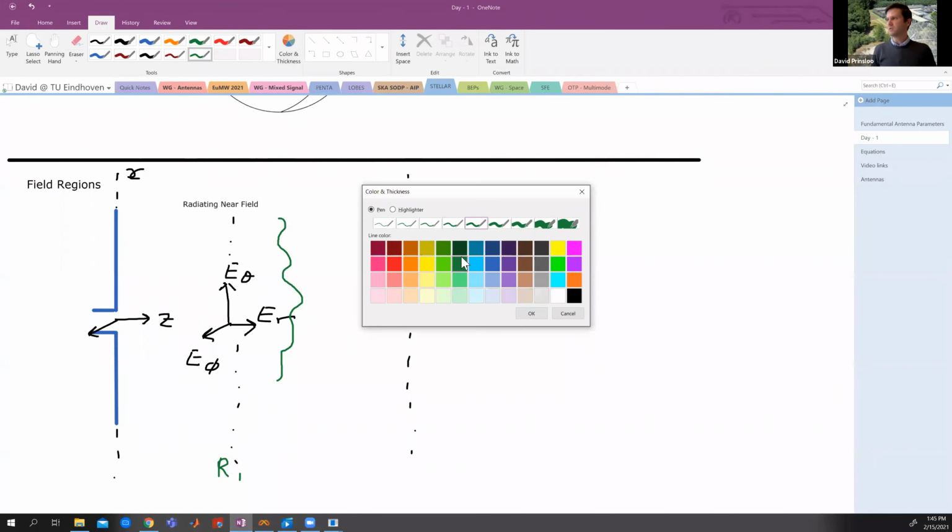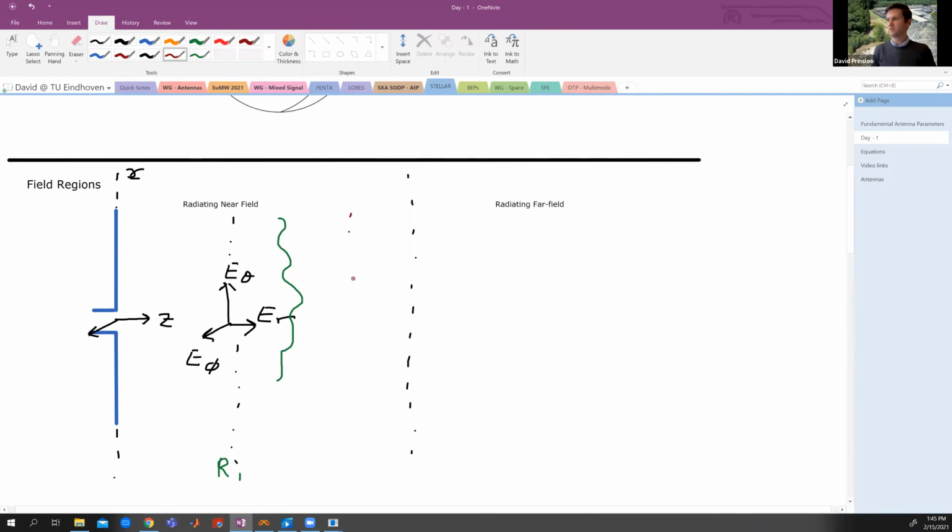If you're in the radiating near field at a different distance, you'll see that the shape differs from the initial shape that you saw at a radius closer. This is the characteristic of the near field. It means that your antenna's field distribution changes as a function of radius.